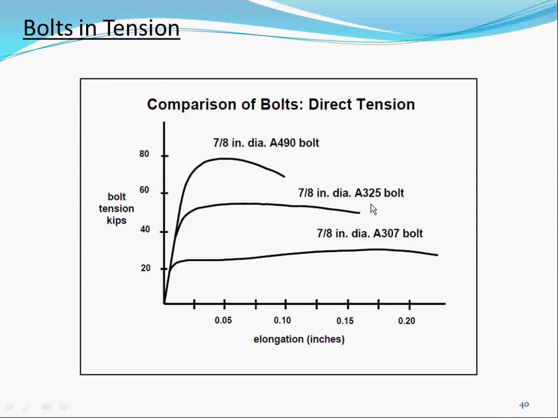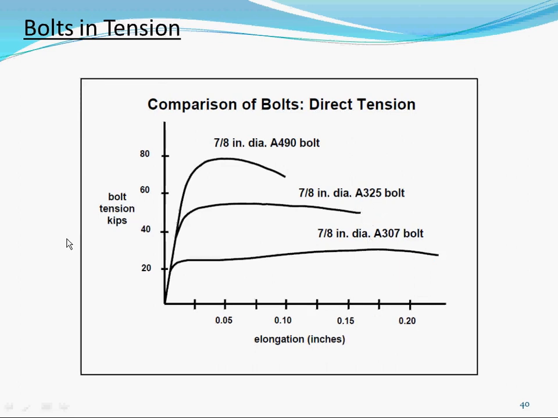The A325 capacity is higher, but you're losing some ductility. With higher strength you get higher bolt capacity, but your elongation is lower. It's not as ductile, but not many times will you elongate it by 0.1 of an inch.